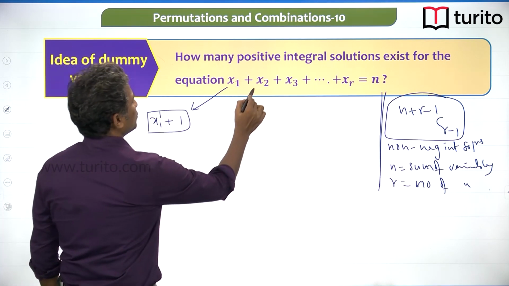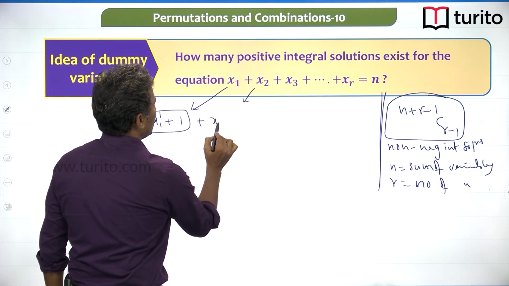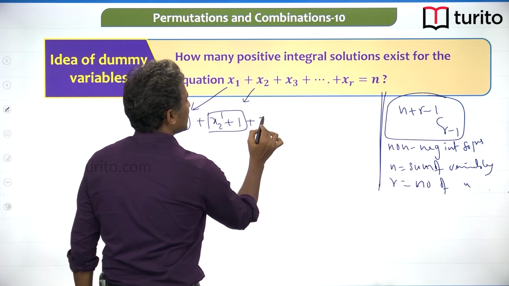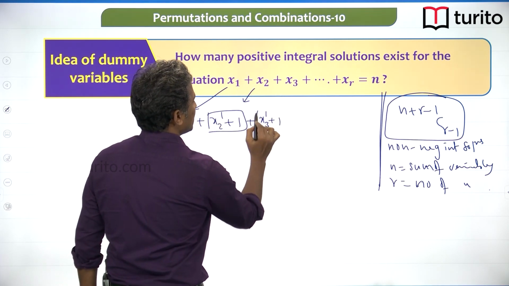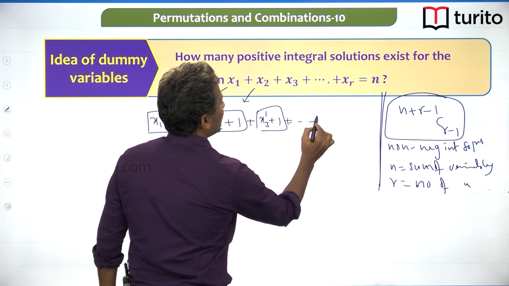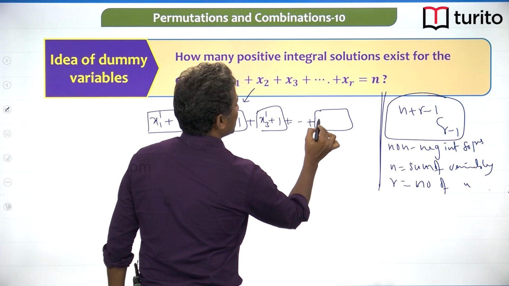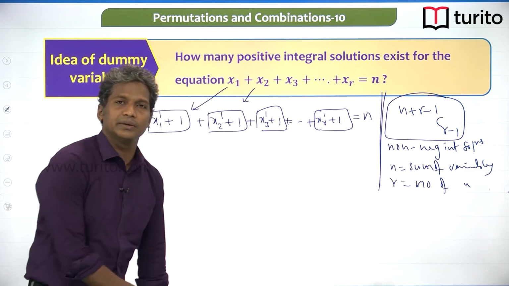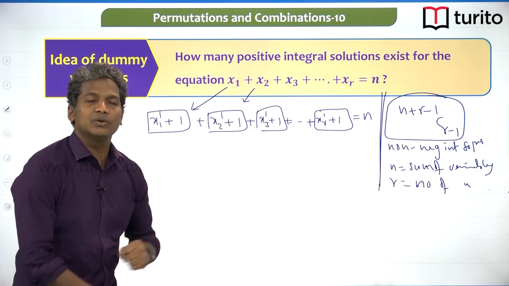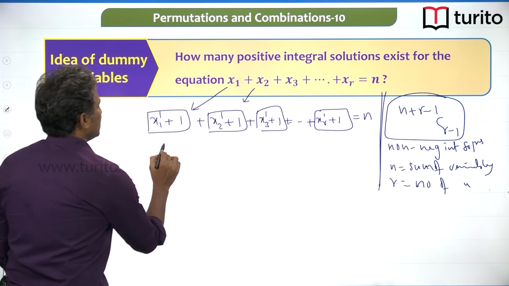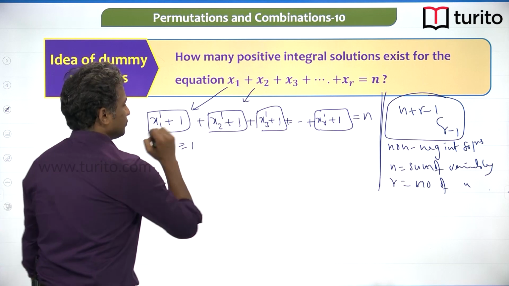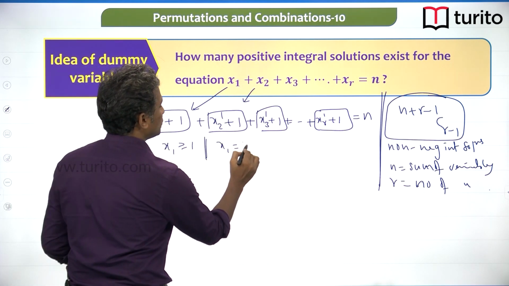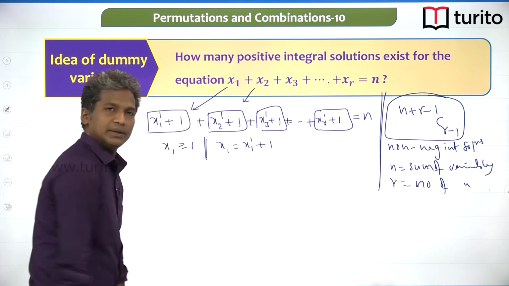And again x2 will be written as x2 dash plus 1. Similarly, x3 can be written as x3 dash plus 1, and so on, and xr can be written as xr dash plus 1, and this summation should be n. Now, what are the conditions on this? Because you wanted x1 to be greater than or equal to 1, the relation is x1 is equal to x1 dash plus 1, right.